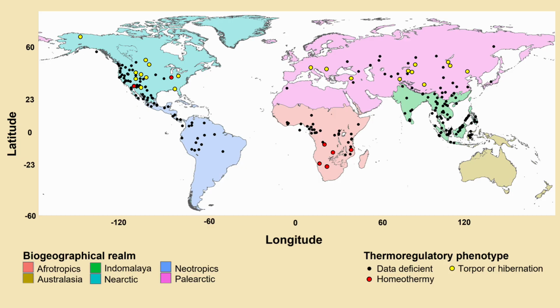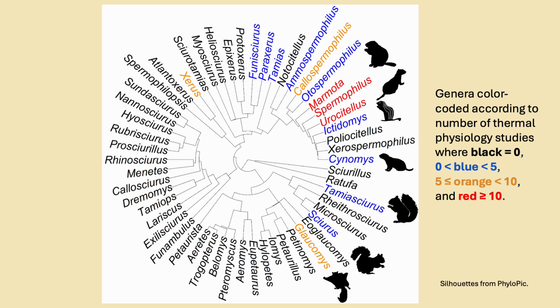Now, it's all well and good, but historically, a lot of these studies have been biased towards higher latitudes, especially in the Nearctic or North America, parts of Europe and Northern Asia, and we have quite an absence of understanding about the species that live in tropical and subtropical latitudes.